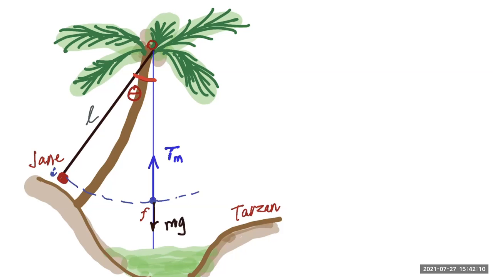Now you'll notice that the net force is T maximum minus mg, pointing to the center of the circle, point O. And therefore, we can apply Newton's second law for the circular motion of Jane at that point. We have T maximum minus mg equals what?